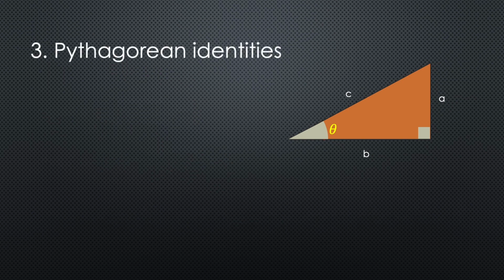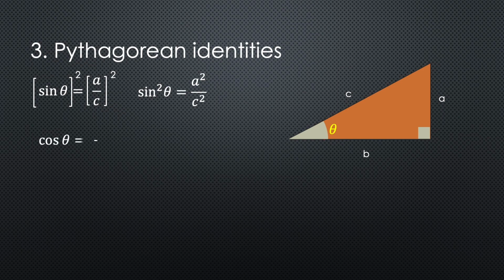Now next thing we need to be familiar with are Pythagorean identities. We have known that sine of theta is A over C. If we square both sides, we can get sine squared is A squared over C squared. Similarly, cosine of theta is B over C. Squaring both sides, one can get cosine squared equals B squared over C squared.